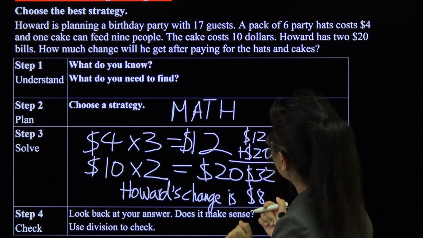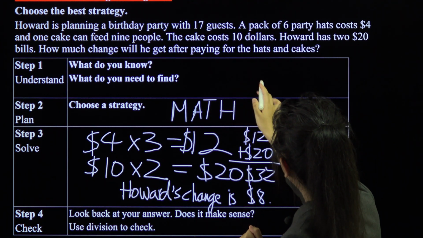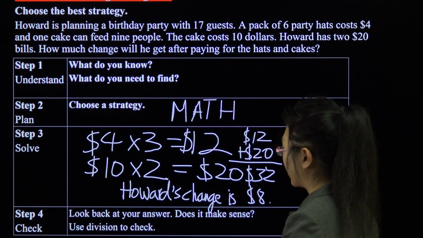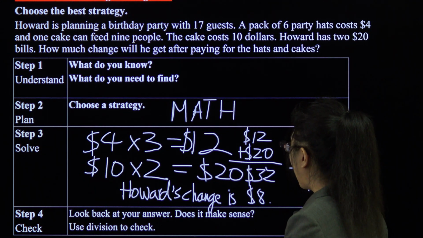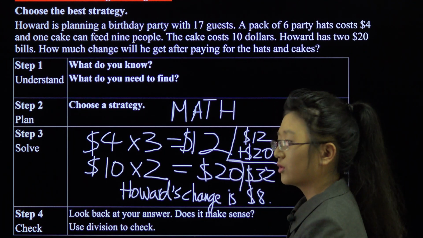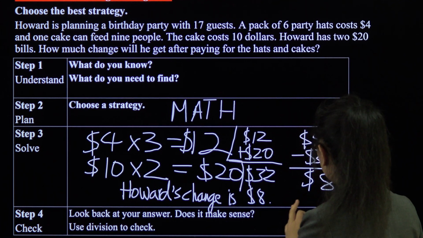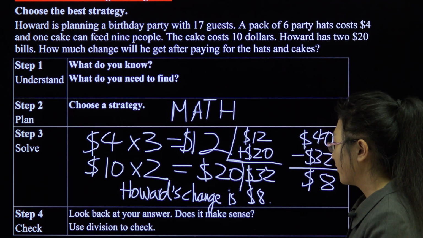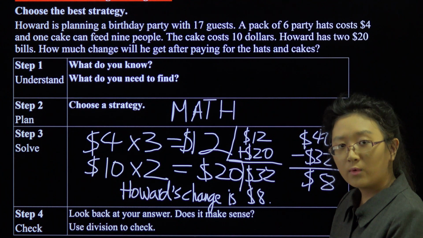So the cake costs $10, that's $10 times 2, because we need 2 cakes, and that's $20. 12 plus 20 is equal to $32. And 40 minus 32 is indeed equal to 8. So yeah, we're right.